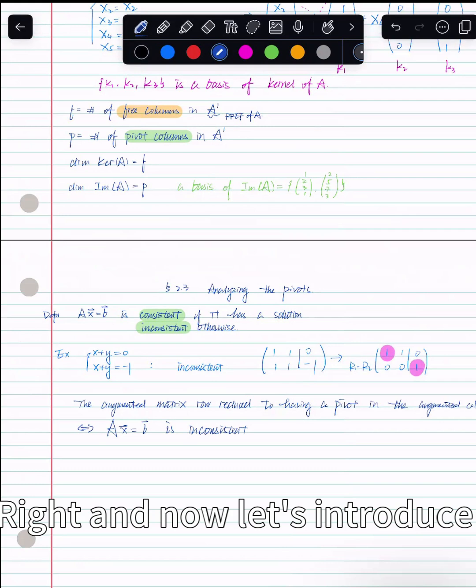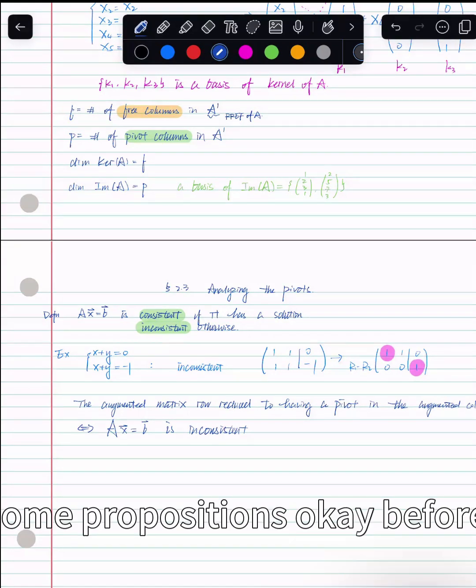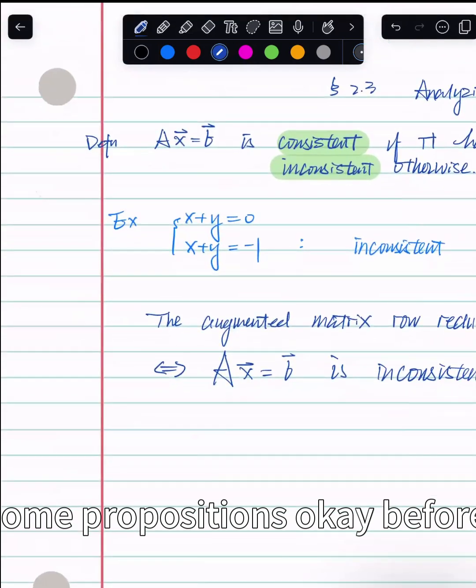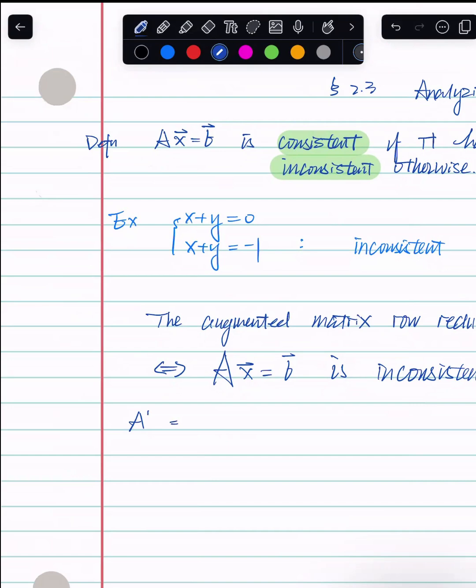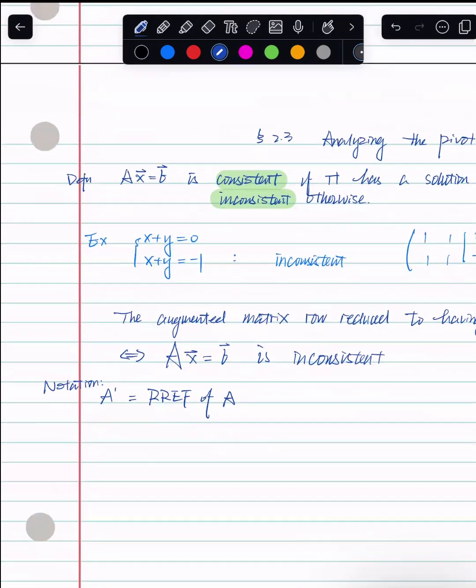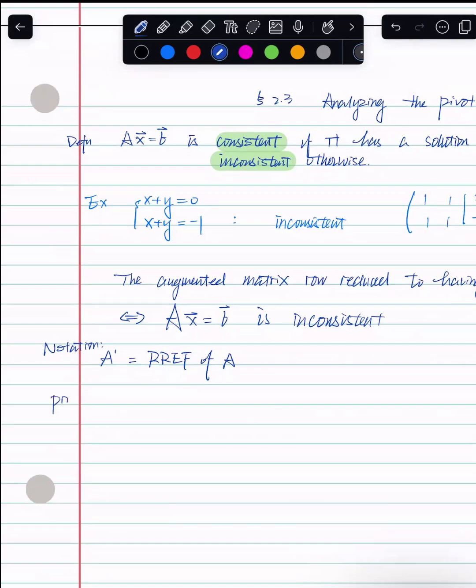Right. And now let's introduce some propositions. Okay, before this proposition, let's again define A prime to be the reduced row echelon form of A. Okay, propositions.